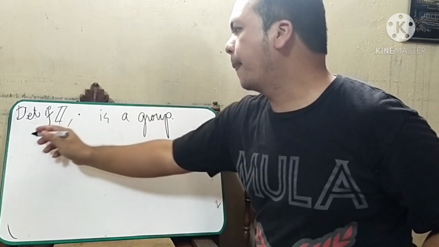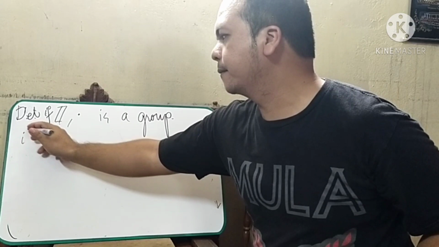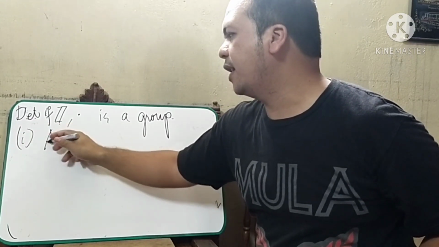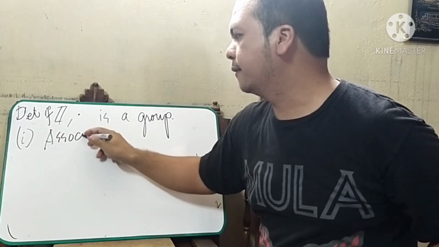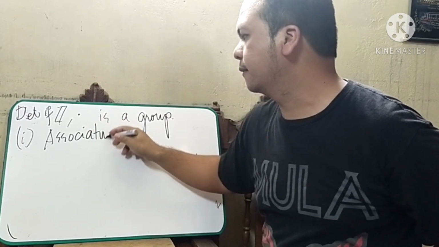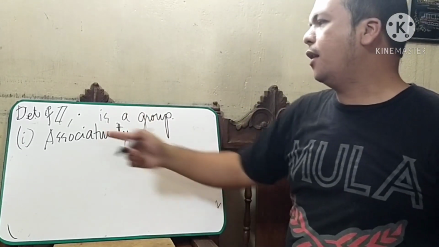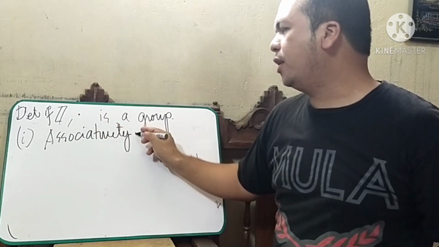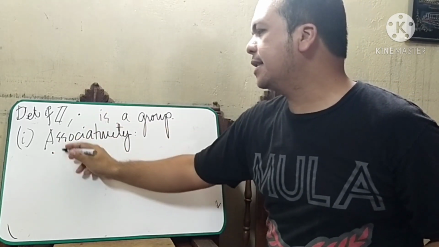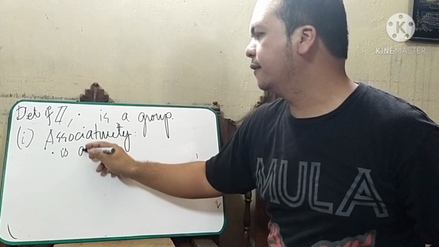So we have the first property, which is associativity. Multiplication is associative.